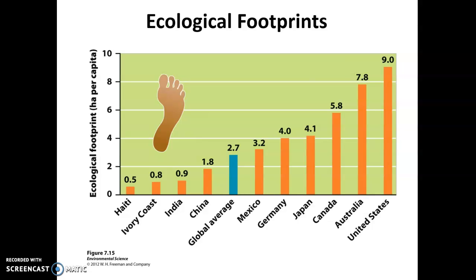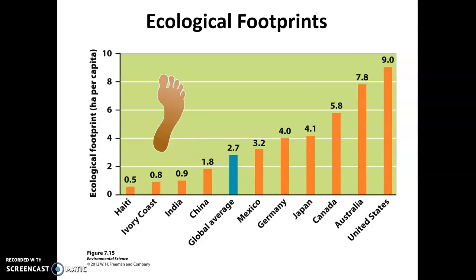And you can see that there's a general tendency that countries that are more economically developed have a higher ecological footprint. So Germany through the United States here have higher footprints. And as we go to more developing countries like China, India, Ivory Coast, and Haiti, you see a lower ecological footprint. But let's take a minute just to look at developed countries.